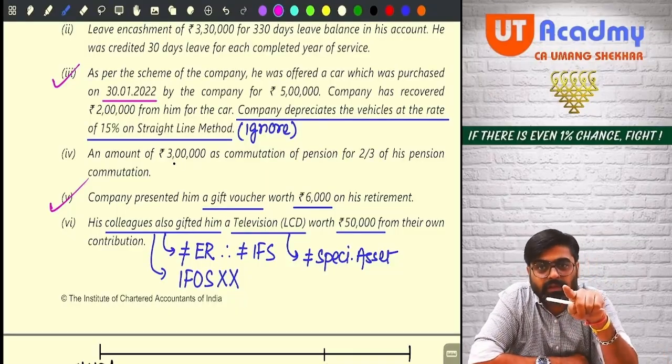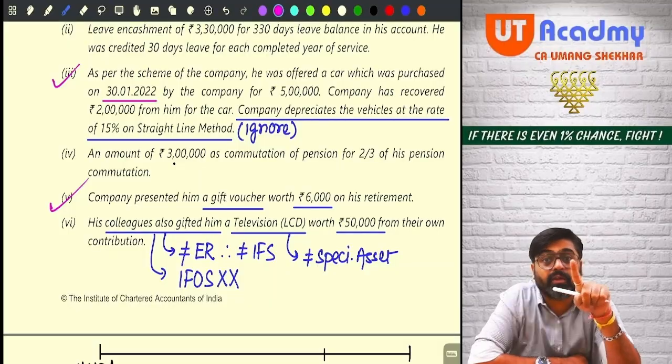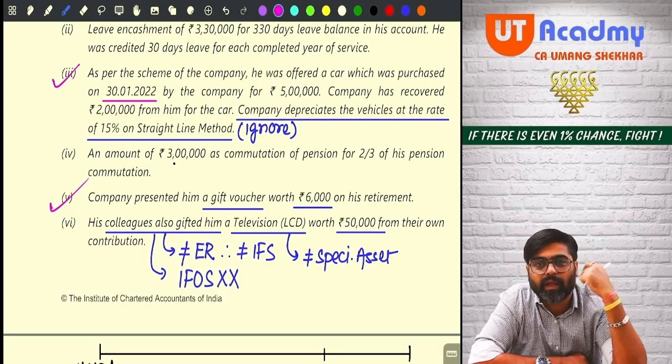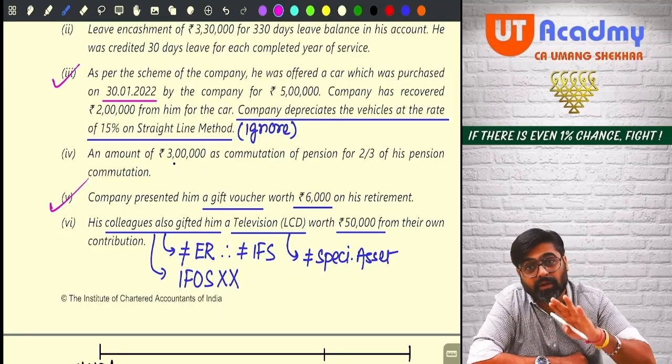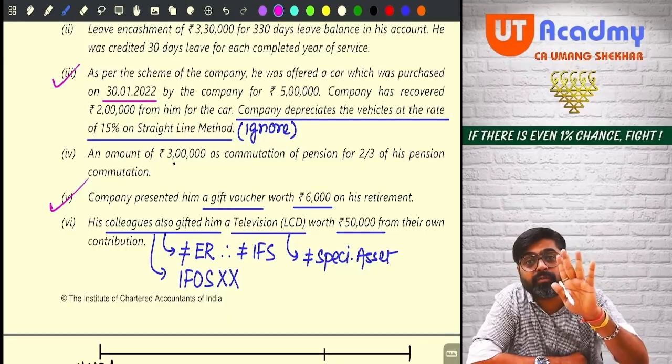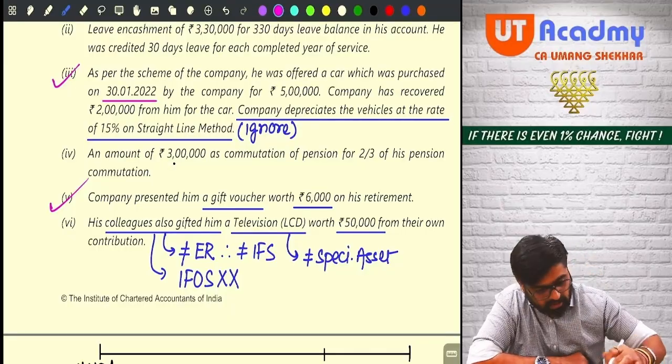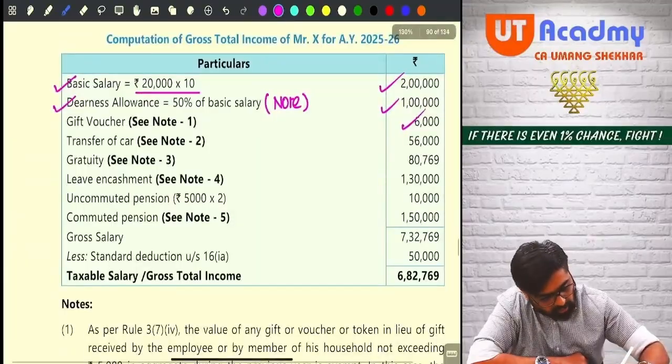If you reduce this out of 5 lakhs, you will get 2,56,000. And that 2,56,000 worth of car you are getting on your retirement for only 2 lakhs. So on retirement, you are getting a perquisite of 56,000. Got it? So that 56,000 we are going to tax over here.